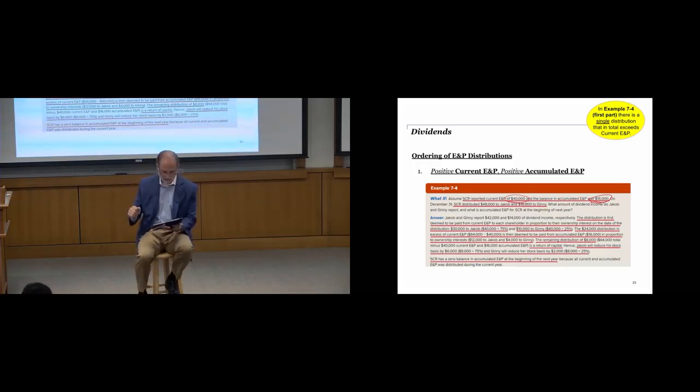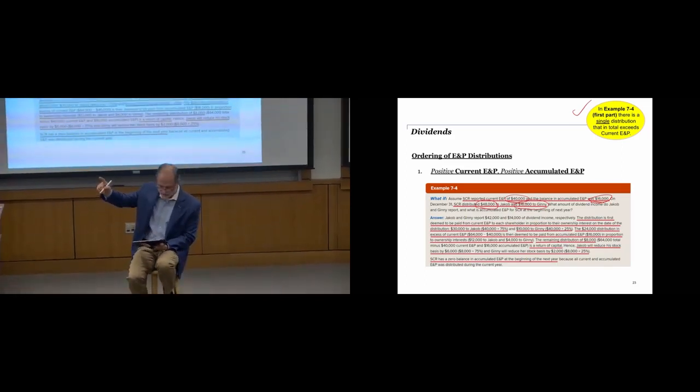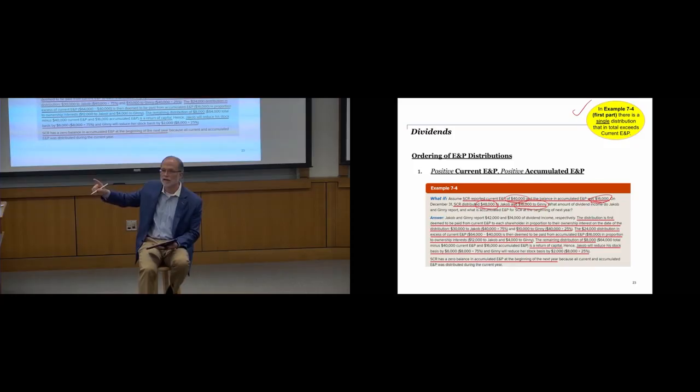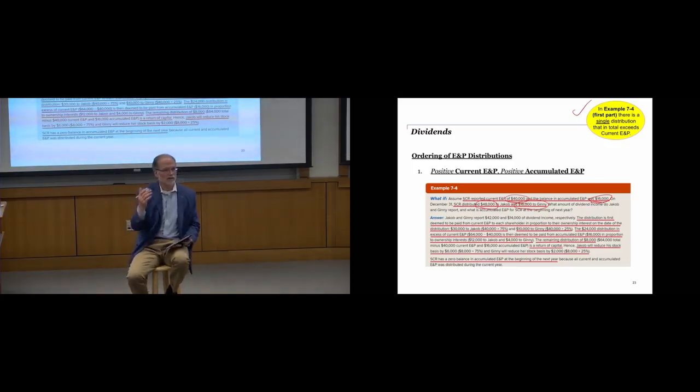And so the company distributed $48,000 to Jacob and $16,000 to Jenny. This was a single distribution, at December 31. So I don't have any of that pro rata stuff. I don't have any of that first come, first serve to accumulated E&P because there's only one distribution.